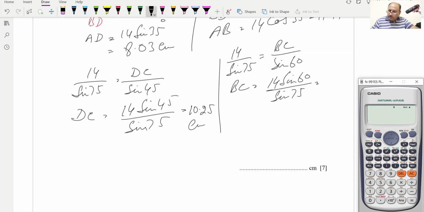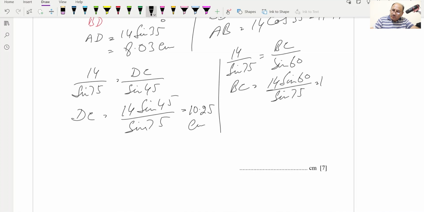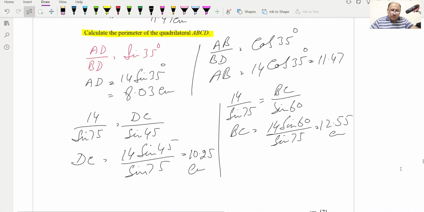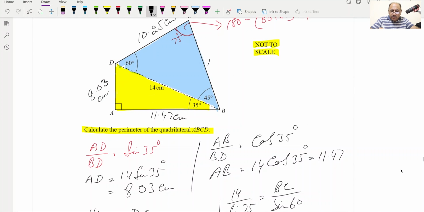The decimal value will be 12.55, so 12.55 centimeters. So this length will be 12.55 centimeters.